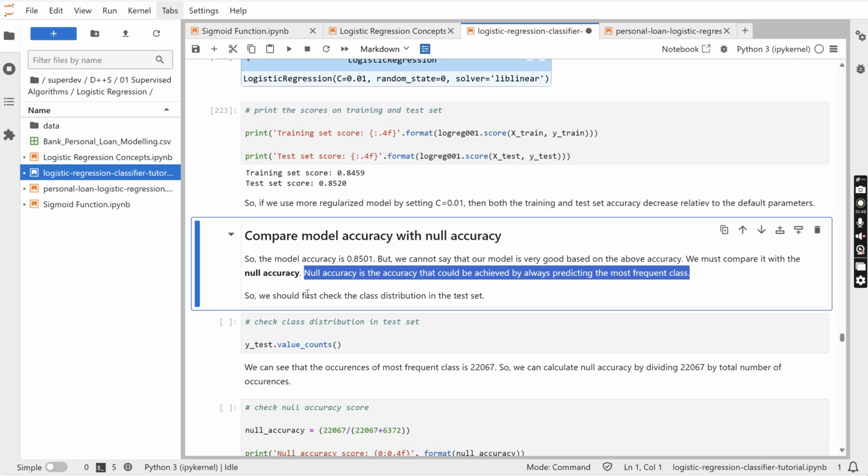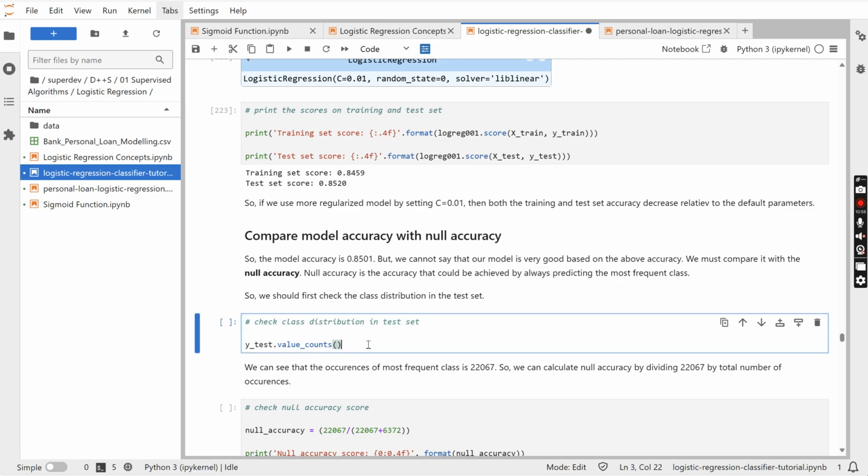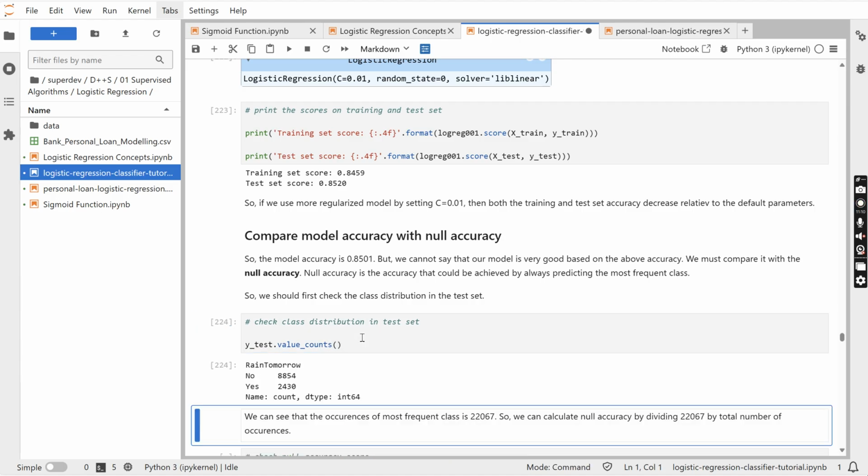In order to understand that, you can come up with null accuracy. You use only the most frequent class available in the data set, calculate the accuracy on top of that, and compare. Then you can immediately know whether the accuracy the model was giving was coming from one class or from the combination of both classes.